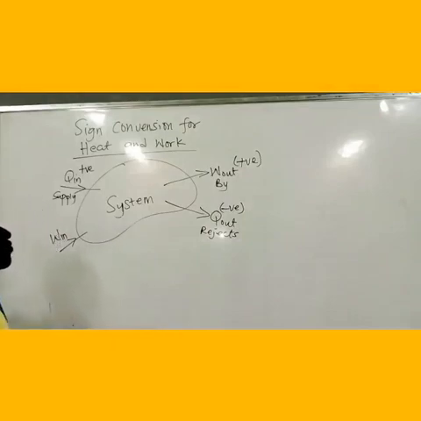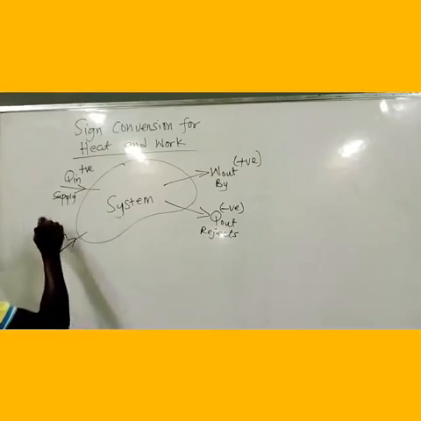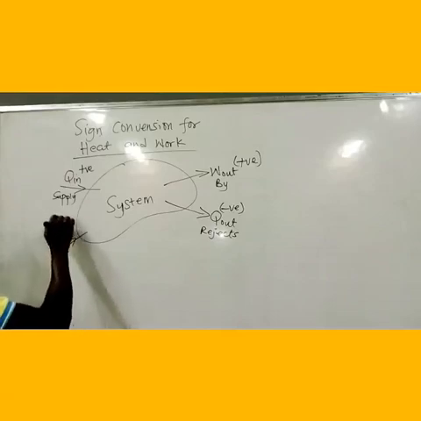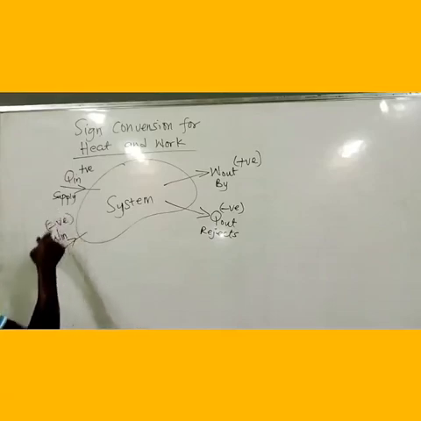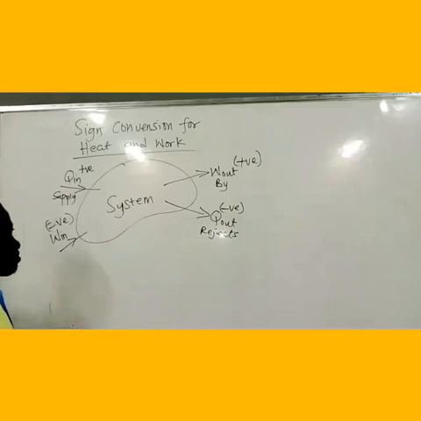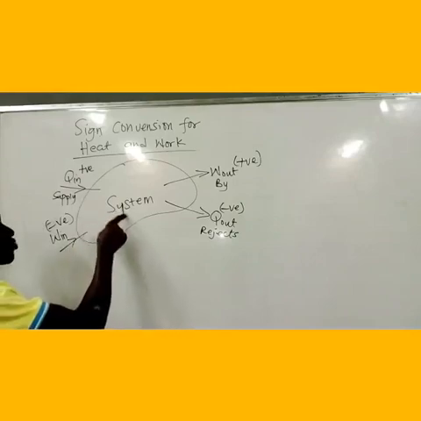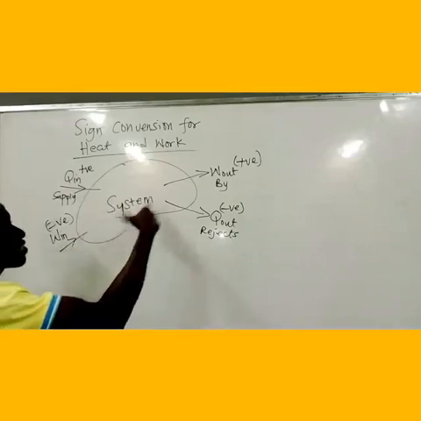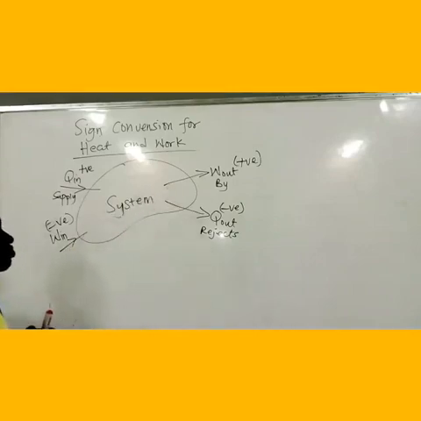Now, if the system is gaining work or is receiving work from the surrounding, then we say it is negative. Why? Because we have to employ a certain energy, buy a certain amount of energy to supply to the system for the system to give us the work that we want it to do.